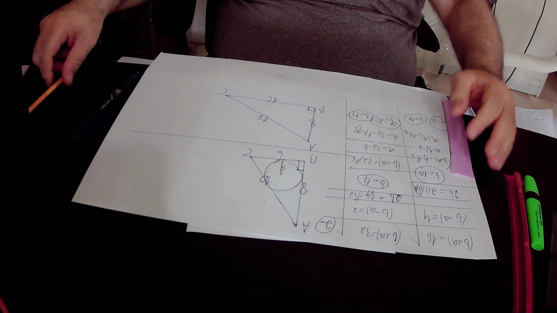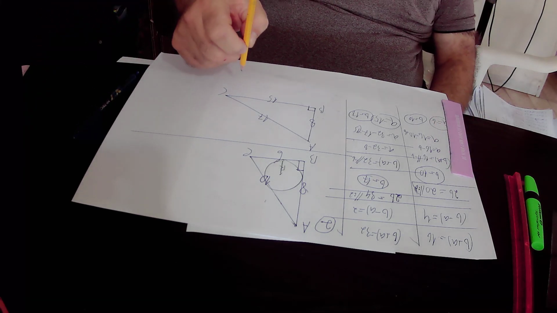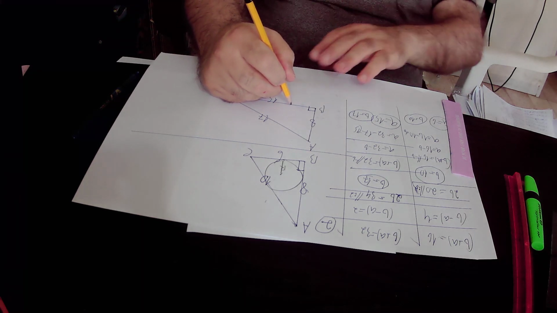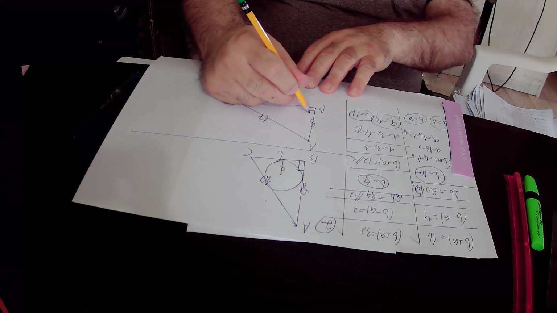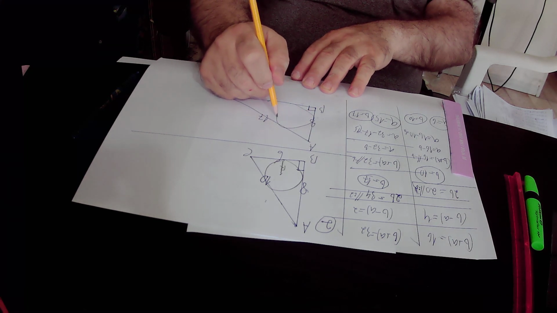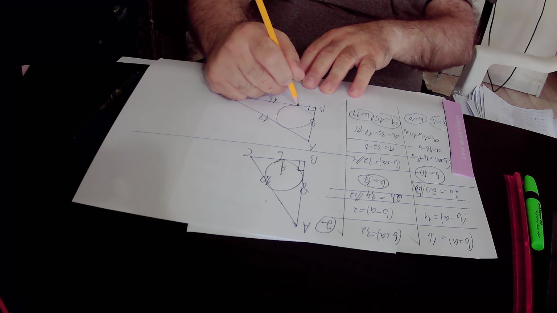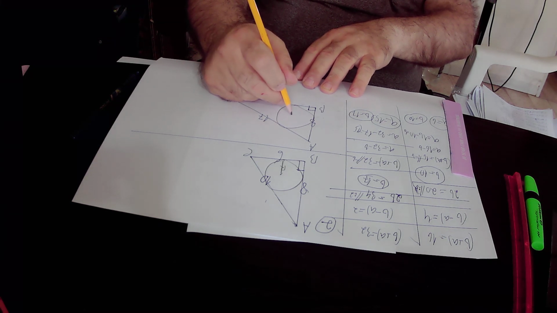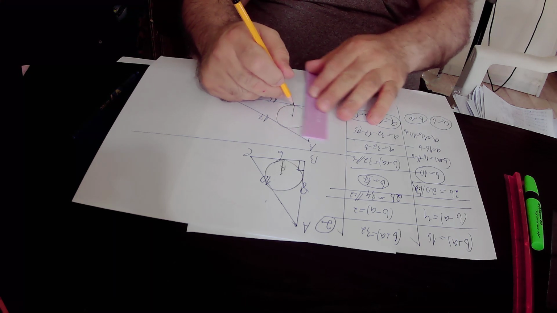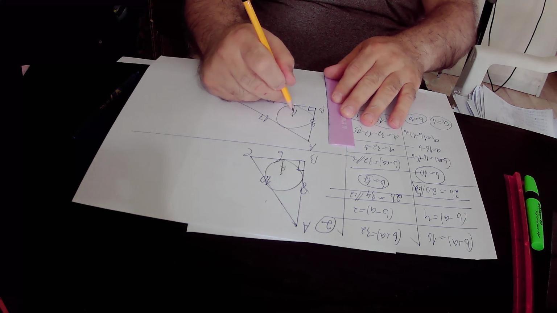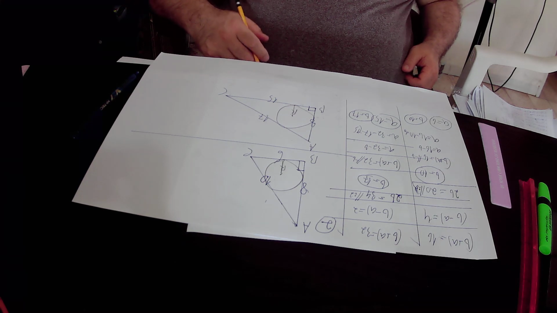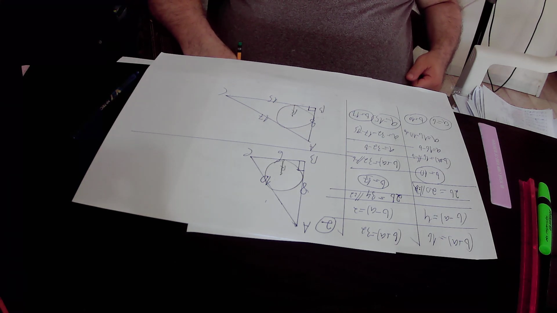Inside this right triangle ABC, we have a circle, and we are looking for the radius of this circle. So we define the radius of this circle as capital R. So we actually have to find out the radii of the two right triangles.